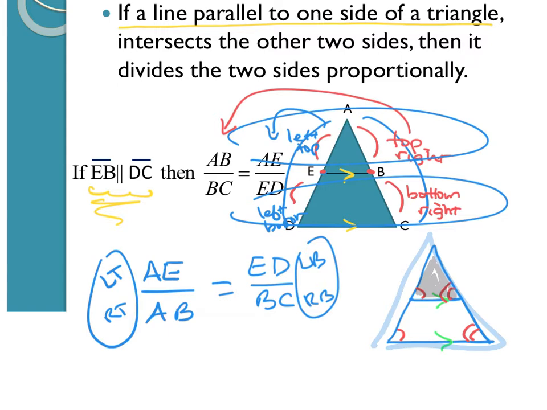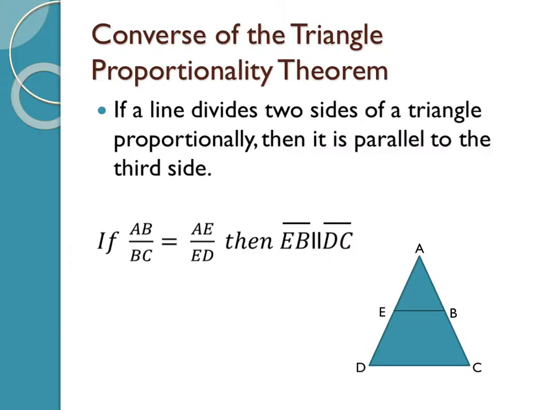I also have this one at the tippy top that they share. So I can find for sure two angle pairs if those sides are parallel, then I can find two angle pairs that are congruent.